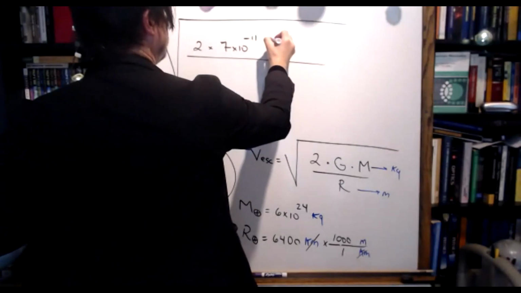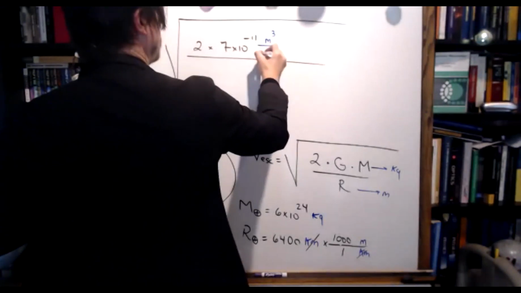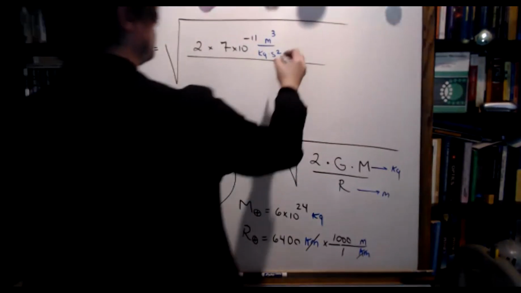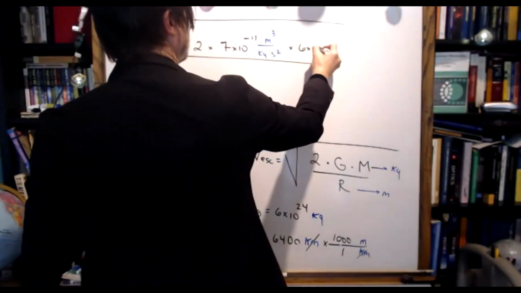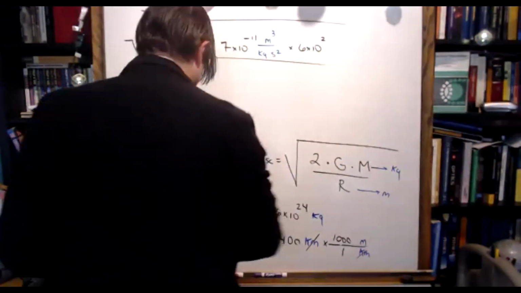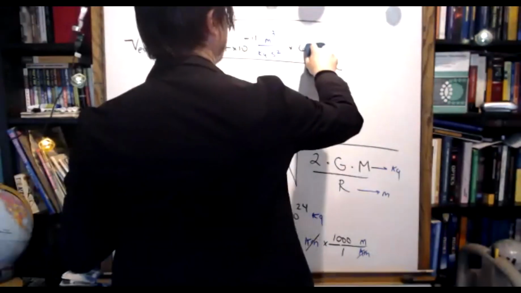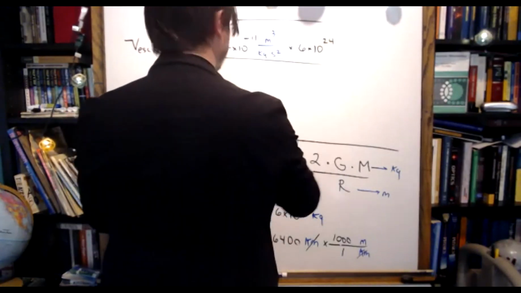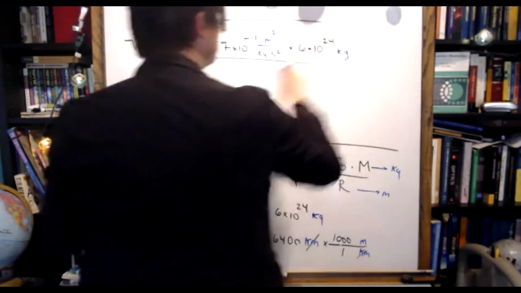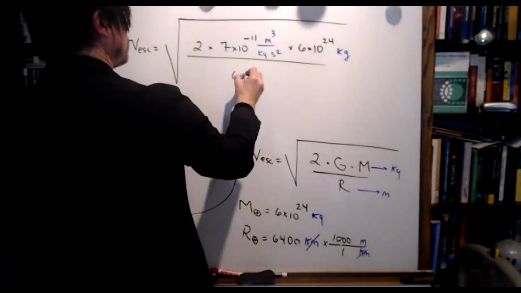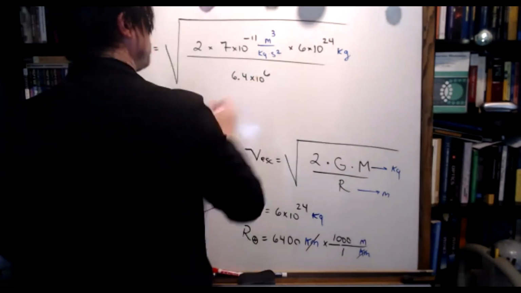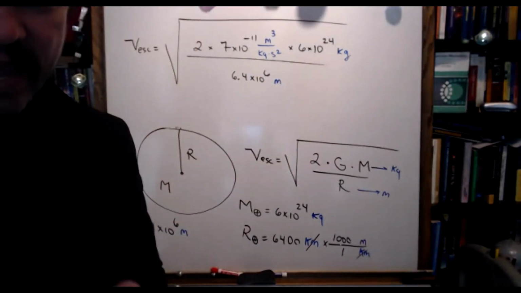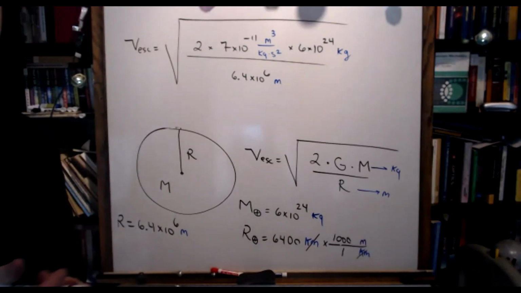Big G has crazy units, meters cubed per kilogram per second squared, times the mass of Earth, 6 times 10 to the 24 kilograms, divided by Frank's 6.4 million meters. Okay, guys, punch it up. Take out your calculators and see if you can handle that.